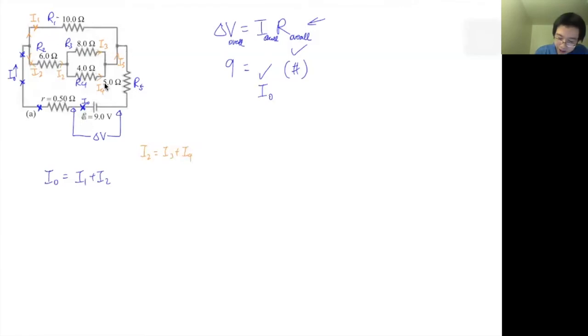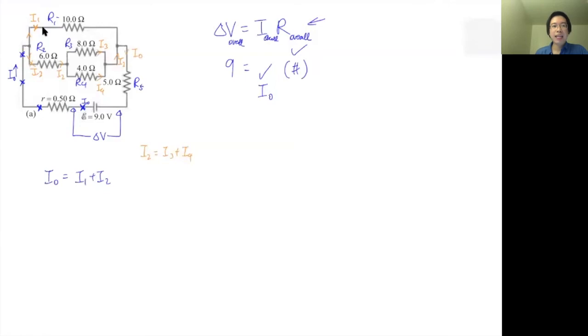You can give it a new name, but then you will have an equation I3 plus I4 equals I5, so I2 equals I5. After you do a few of these problems, you'll see that you can go directly like that. Then I1 plus I2 goes back here. Remember, I1 plus I2 is I overall, as it should be, because this is the same branch as where it started. So this is how you can label everything.